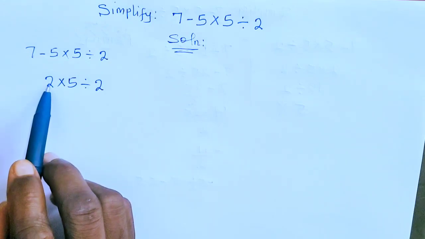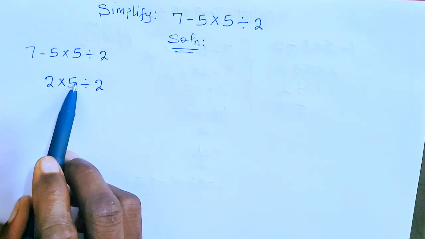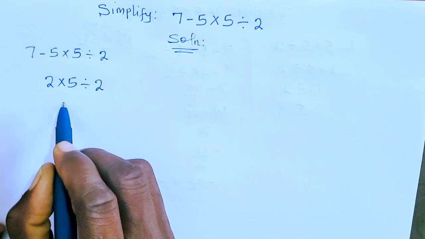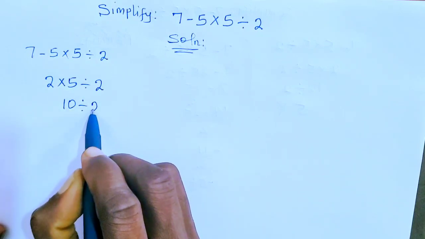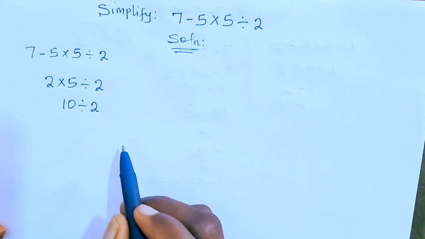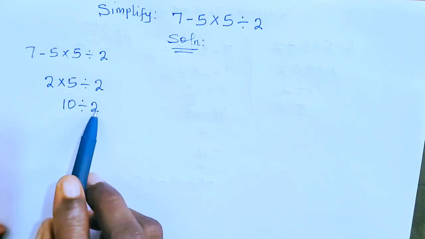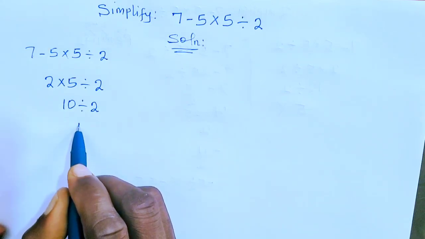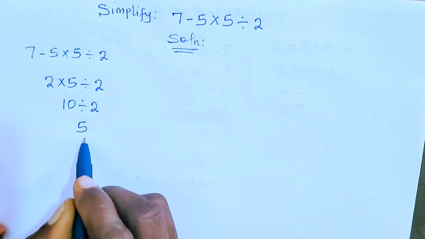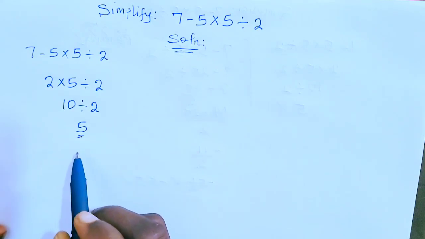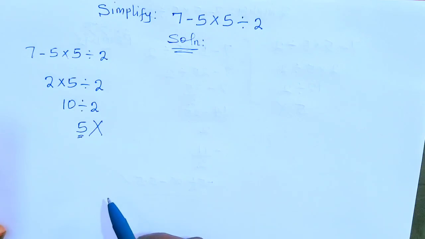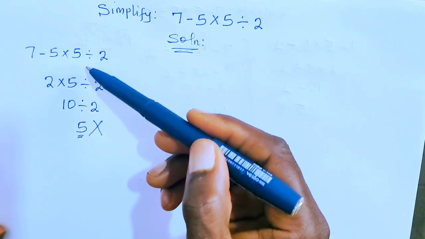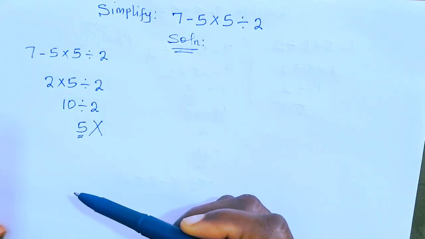Now, you have 2 multiplied by 5, that gives 10, divided by 2, and 10 divided by 2 will give 5. Well, this answer is wrong. As such, this first approach here is wrong.